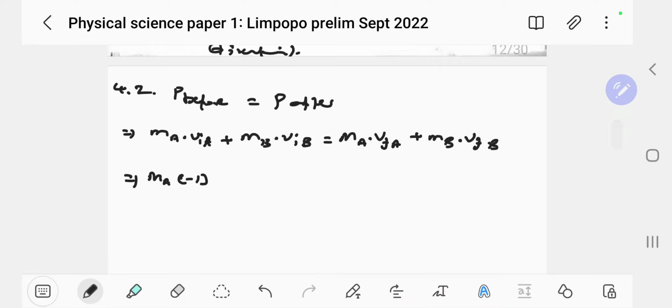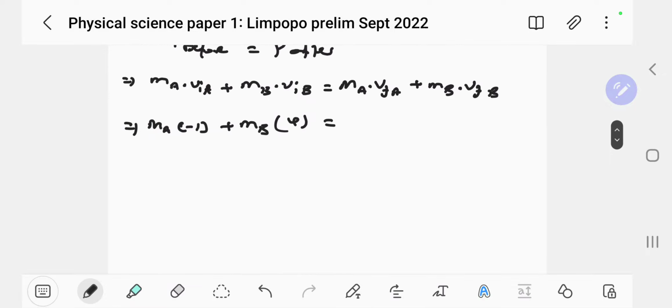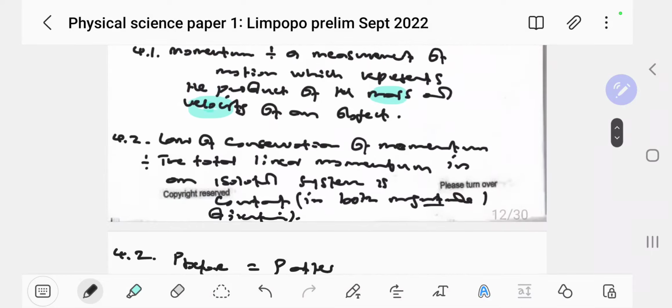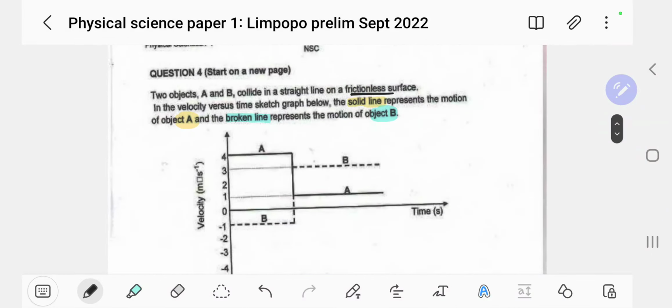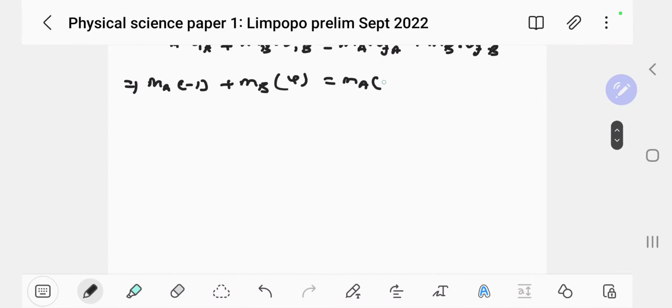So it's mA into -1, plus, again, we don't know the mass of object B, so mB into the initial velocity, which was 4 meters per second. Then on the other side, this is going to be MA into the final velocity, which is 3 meters per second. What is that? No man.